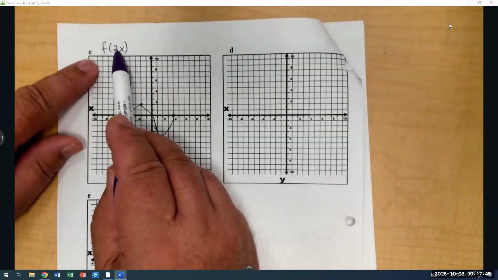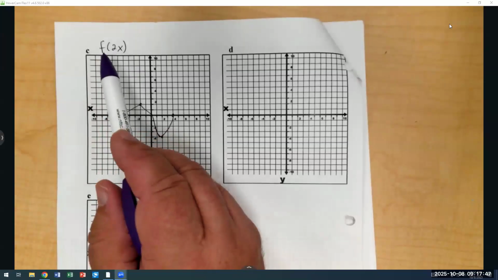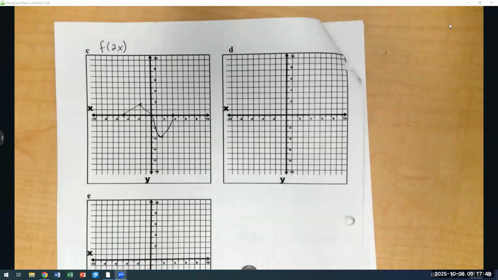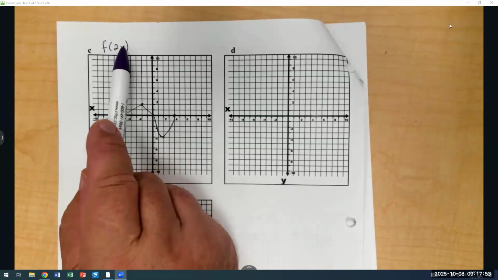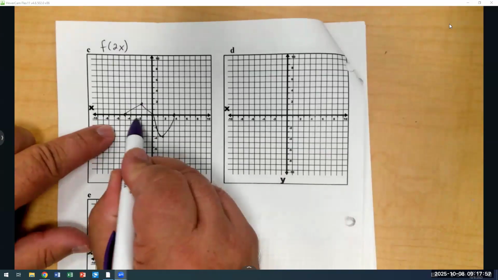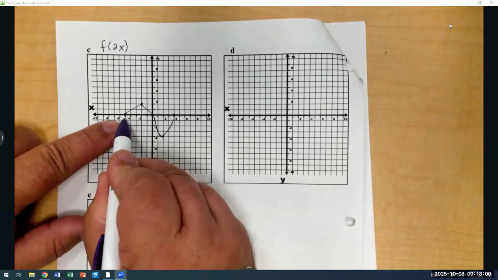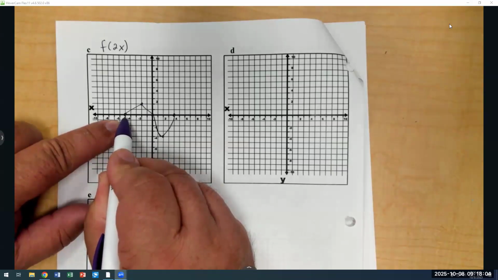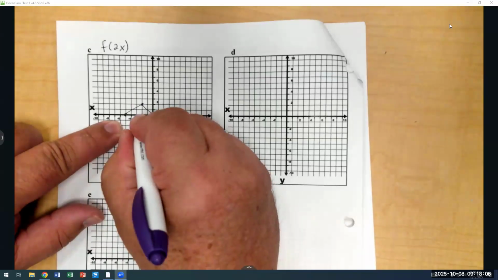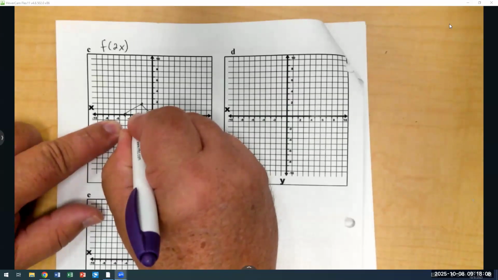Because what this tells me to do, since it happens inside, and remember, whatever you do inside is opposite. Since this is 2 times x, what do we do to my x values? Divide them by 2. So my x value here is negative 5. Negative 5 divided by 2 is 2.5. So my first x value is right there.